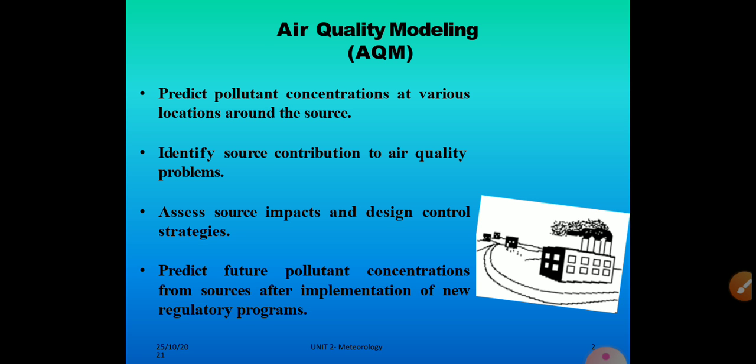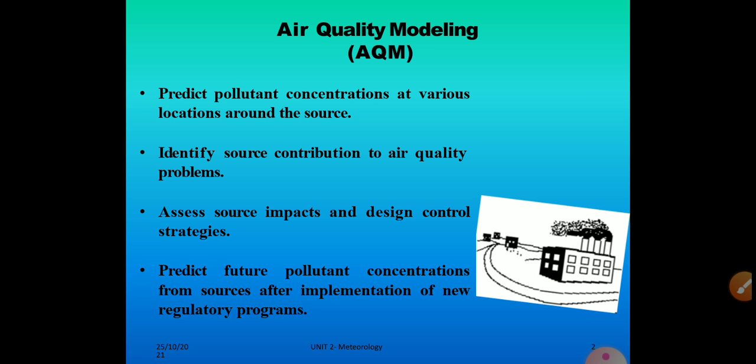Here, the first point is we have to predict pollutant concentrations at various locations around the source. Then, identify source contribution to air quality problems. Third point, assess source impacts and design control strategies. Fourth point, predict future pollutant concentrations from sources after implementation of new regulatory programs.